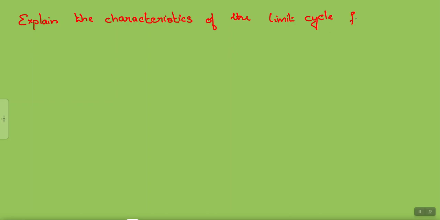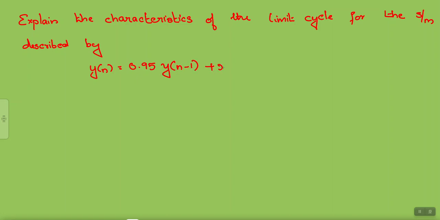Let us do a problem. Explain the characteristics of the limit cycle for the system described by y of n is equal to 0.95 y of n minus 1 plus x of n.